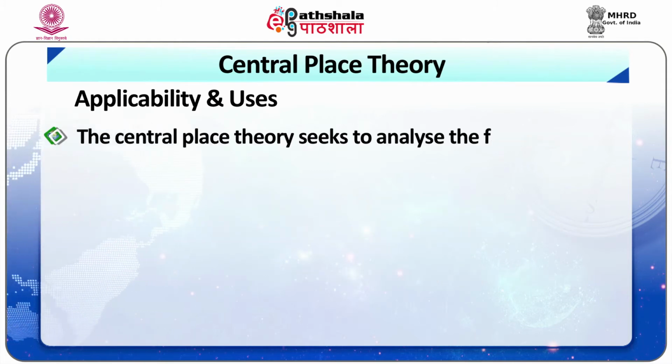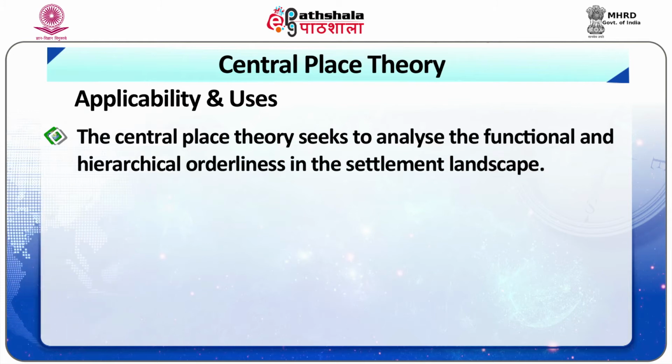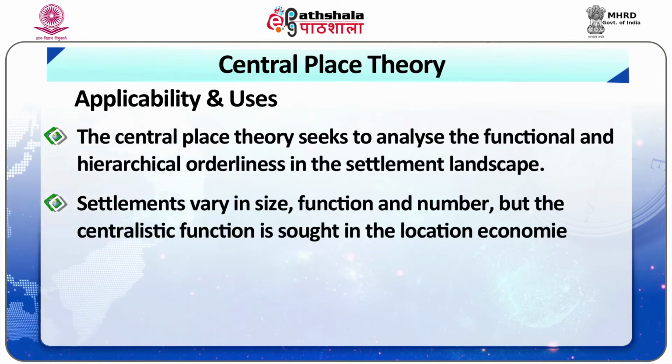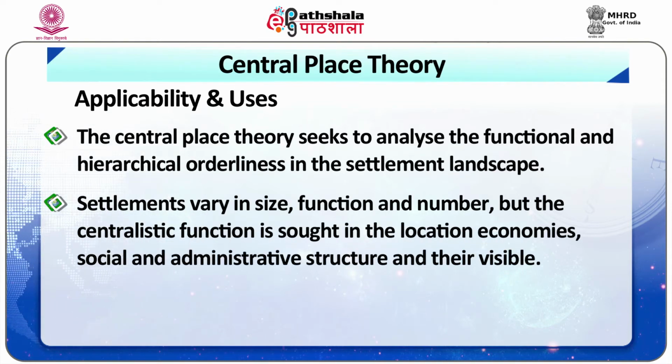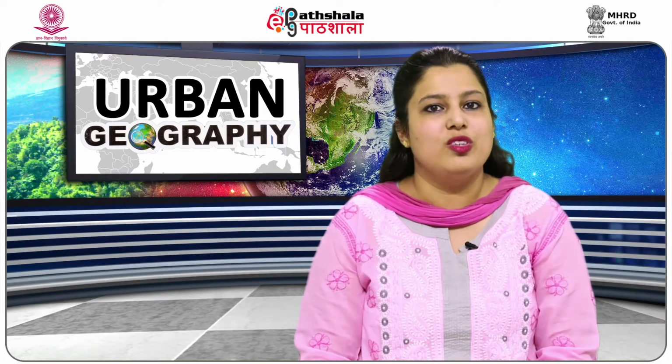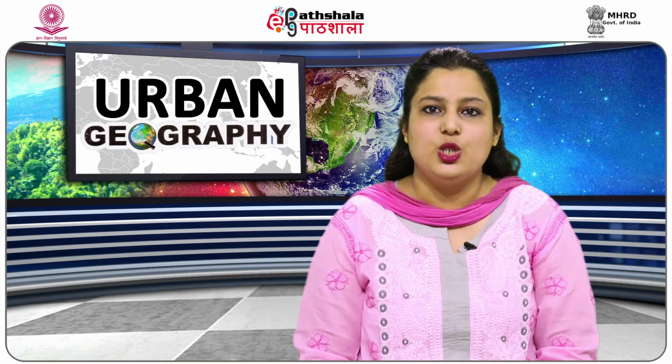The central place theory seeks to analyze the functional and hierarchical orderliness in the settlement landscape. Settlements vary in size, function and number, but the central function is sought in the location economies, social and administrative structure and their visible and not so visible forms, and is evident in the location of structures like a church, community hall or university.